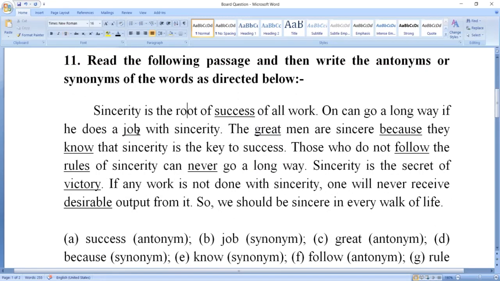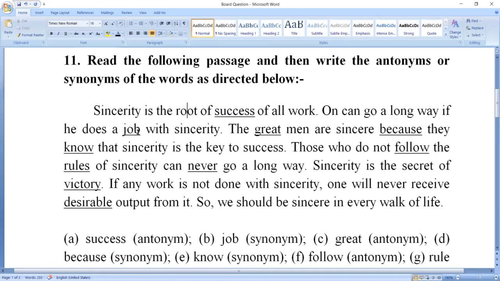And I think you know that every word has different meanings according to its use in a particular sentence. Whenever a word is used in a sentence or in a passage, it will have a particular meaning according to the sentence or the context, and that meaning is called contextual meaning.